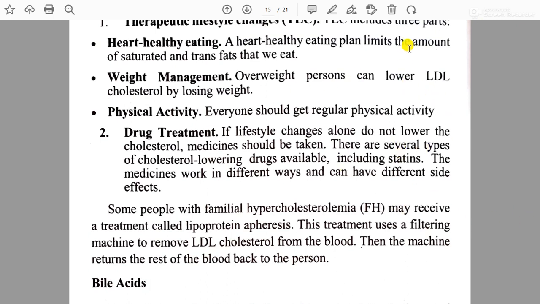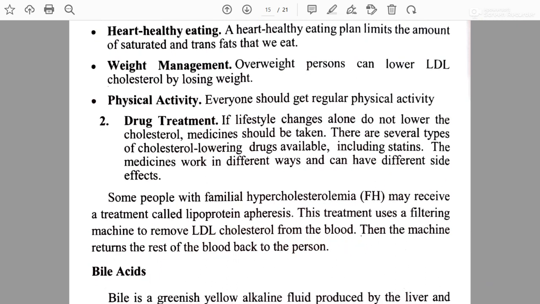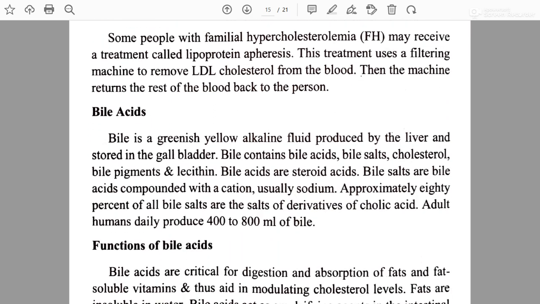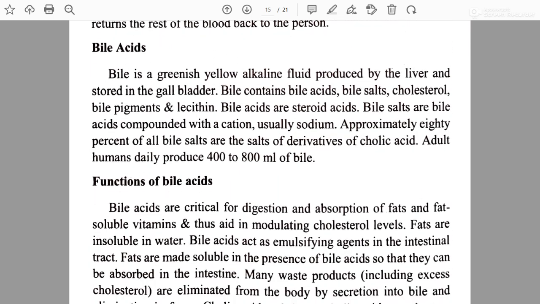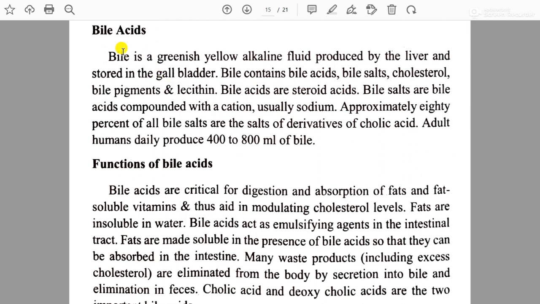So this is a very important section for your exams. Now let us see about bile acids. We previously mentioned that cholesterol is converted to bile and stored in the liver.